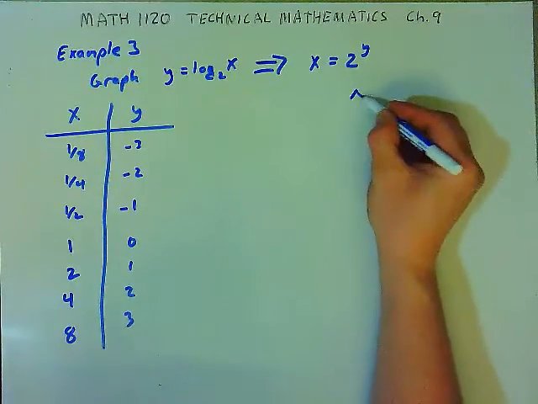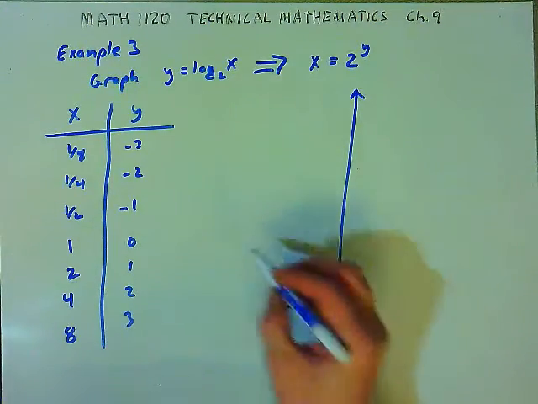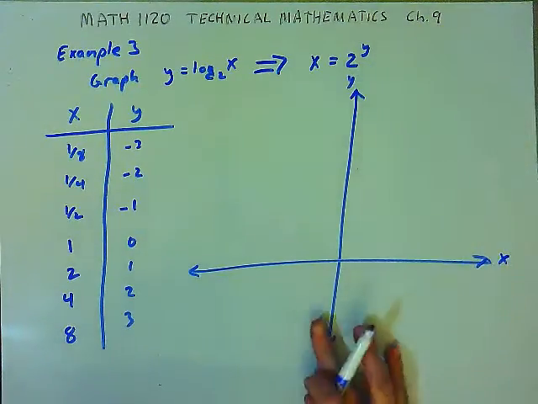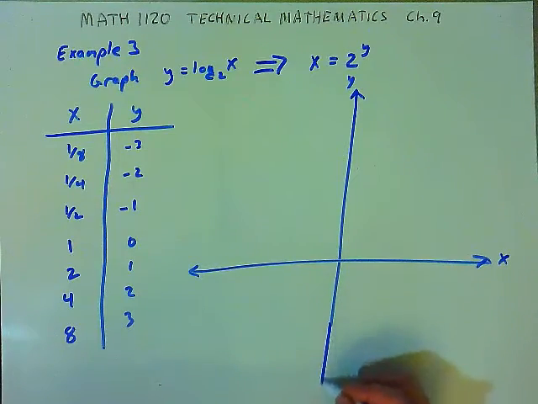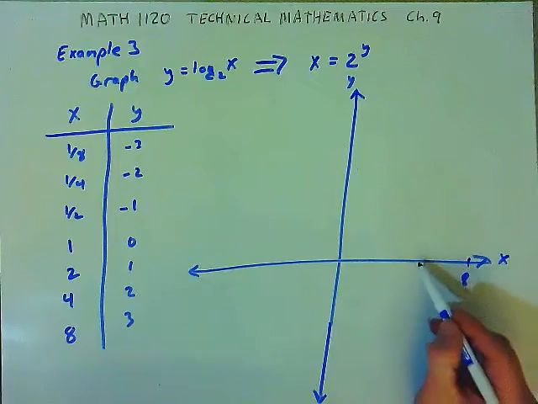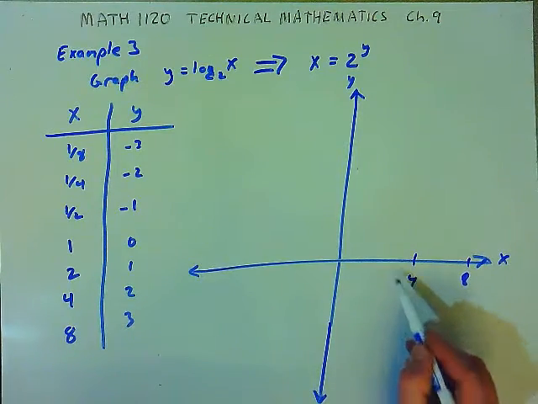And so we want to plot these points on our graph. We've got the x-axis, we've got the y-axis. And so our x values go all the way out to 8. We also have 4, which is in the middle. We have 2, which is in the middle of that.